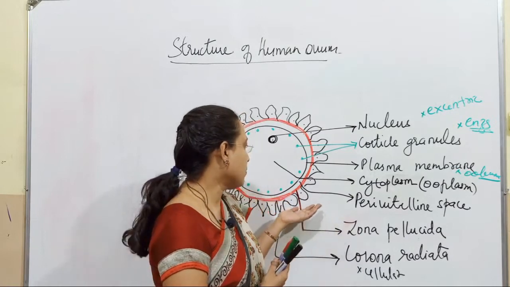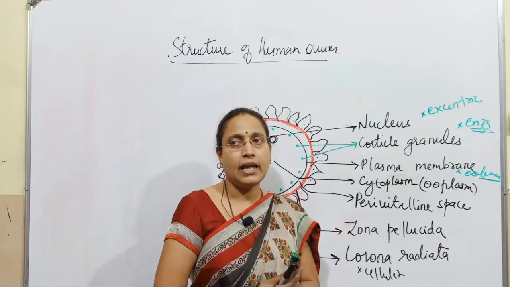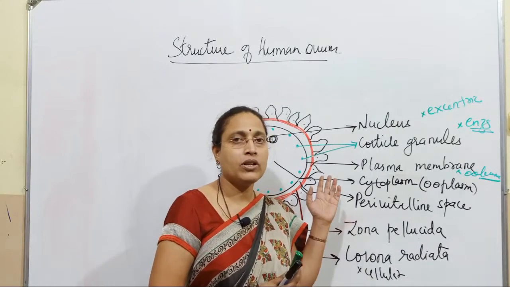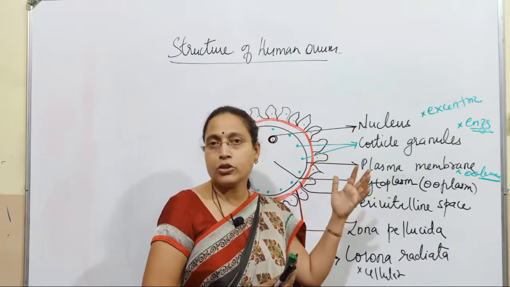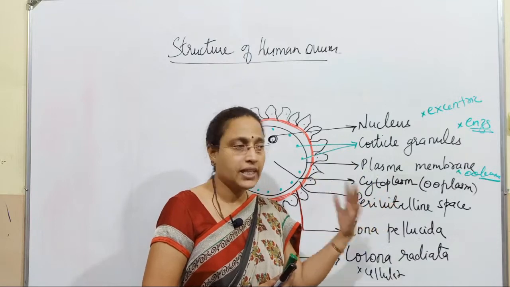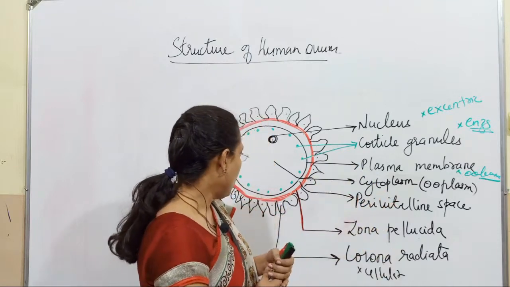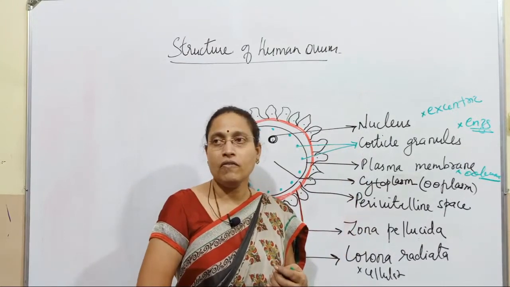If it is secreted by follicular cells, it is called the secondary egg membrane. So if the membrane is due to the ovum, it is a primary egg membrane, otherwise it is a secondary egg membrane. So this is nothing but the structure of the ovum.